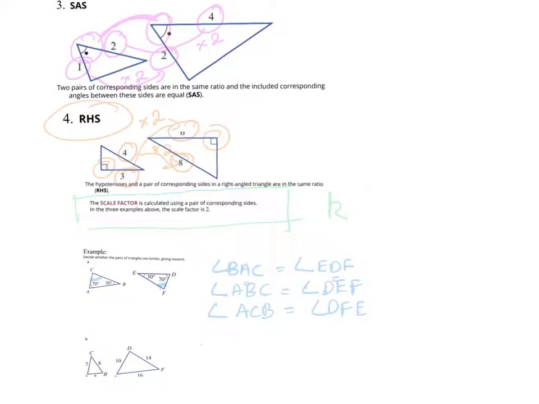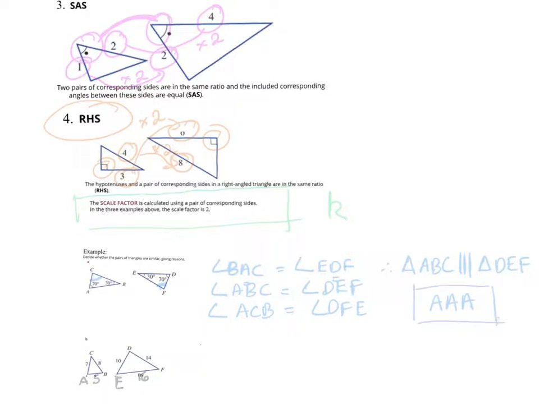So for that last one, ACB, we're talking about the angle on C. All right, and for the second triangle there, we're talking about the angle on F. Those two equal each other. So therefore we can say that triangle ABC is similar to triangle DEF, and the reason is angle, angle, angle.